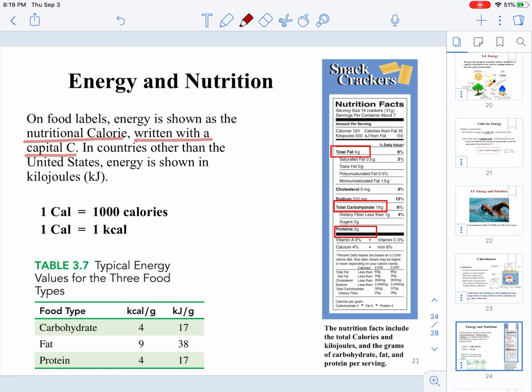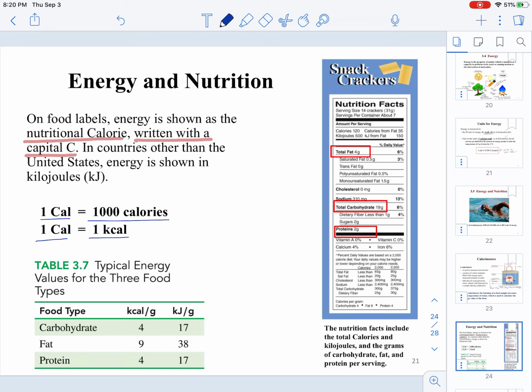So a nutritional calorie, notice that there's a capital C, is related to the energy calories by the following equalities. 1 nutritional calorie equals 1,000 energy calories, and 1 nutritional calorie, therefore, is equal to 1 kilocalorie.